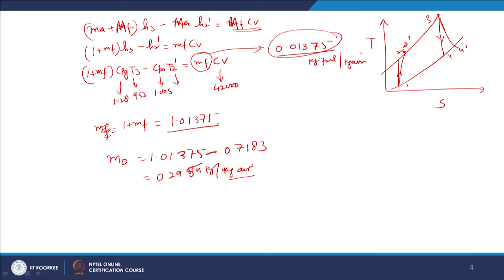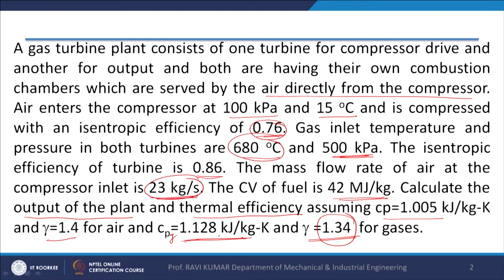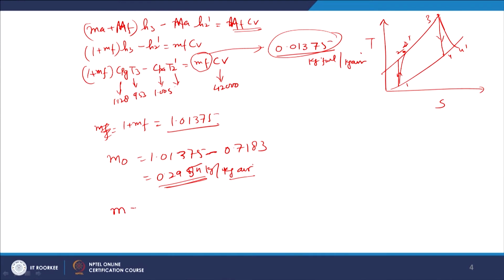Now, we are focusing on per kg of air, right. If we multiply this by the total quantity of air supplied, that is 23 kg per second, which is the amount of air sucked by the compressor, we will get the total mass of the flue gases used for power generation, that is 23 multiplied by 0.2954.